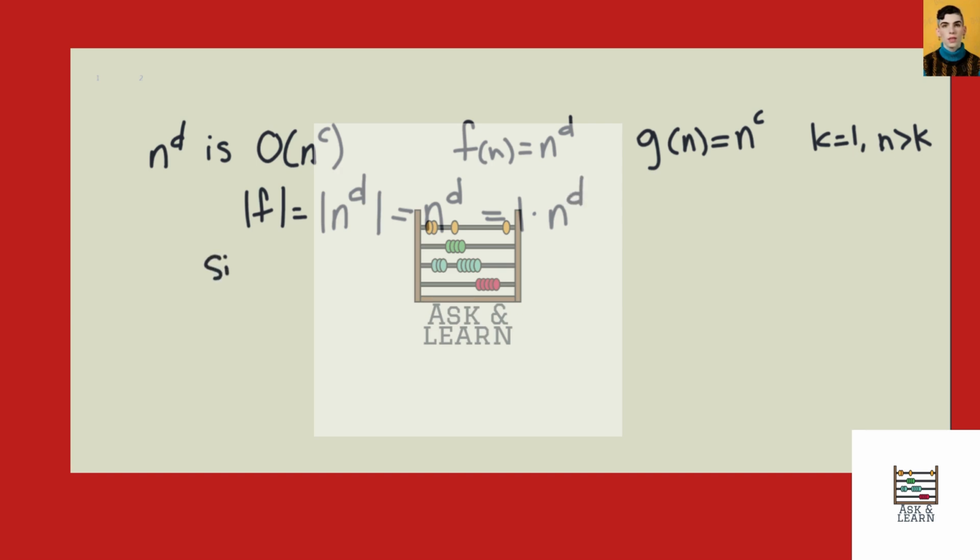All right, so since C is greater than D, we know that C minus D is greater than 0. We also know that since n is greater than 1, which we set by choosing k equal 1, then n to the power of C minus D must also be greater than 1.